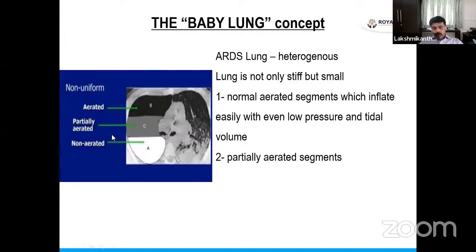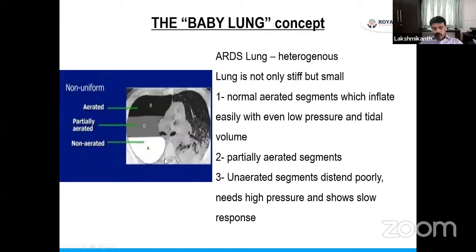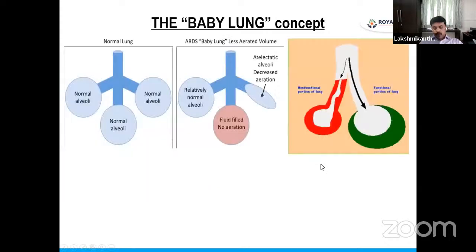In between, there are partially aerated segments, and posteriorly there are predominantly unaerated segments which distend very poorly and need very high pressure to open up, and they show a slow response. Because of this heterogeneous mixture, the tidal volume we give to the patient needs to be very, very careful. As mentioned earlier, in normal alveoli, the tidal volume gets distributed equally to all the alveoli.